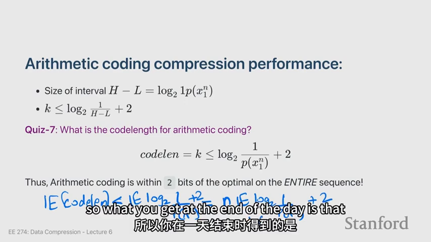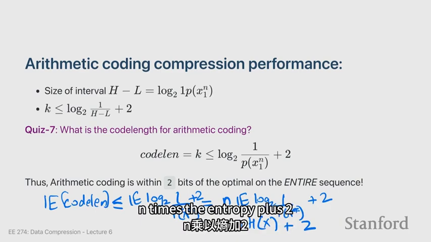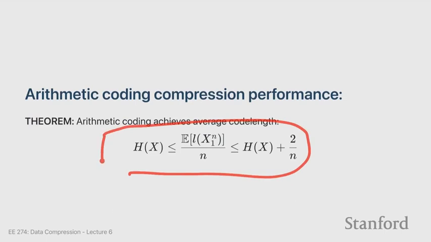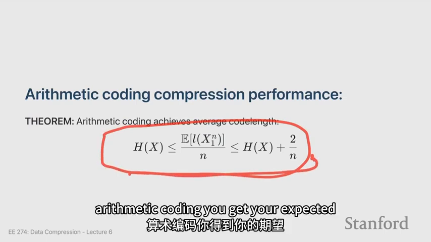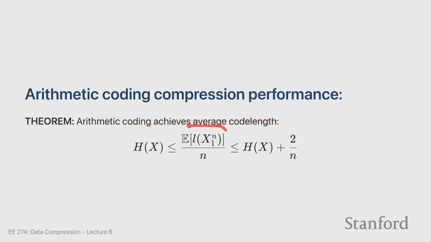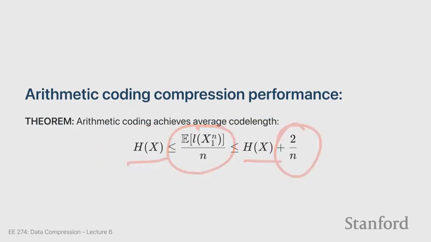So what you get at the end of the day is that your expected code length is less than or equal to n times the entropy +2. This is the main result here: with arithmetic coding, you get your expected bits per symbol between H(X) and H(X) plus 2 over n.